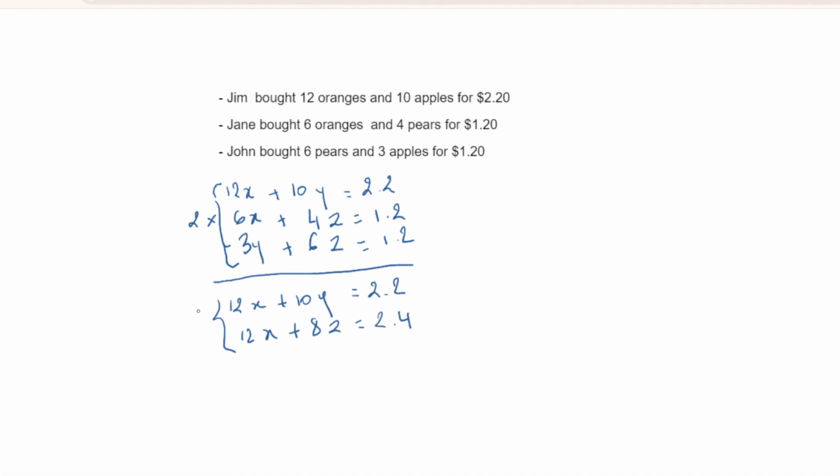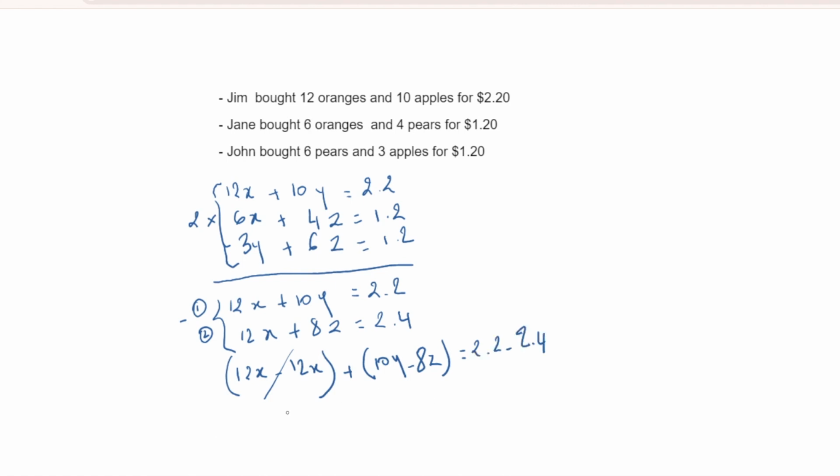Now we can subtract the second equation from the first to eliminate the x. So we have 12x minus 12x, which is 0, plus 10y minus 8z equal to 2.2 minus 2.4.